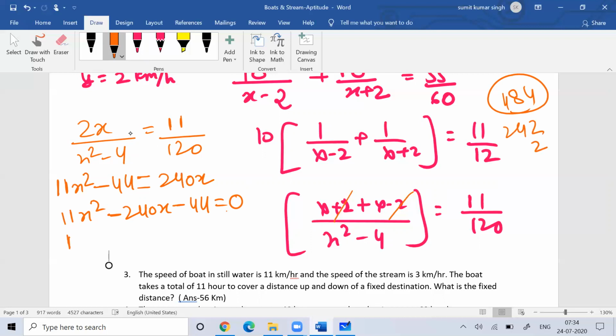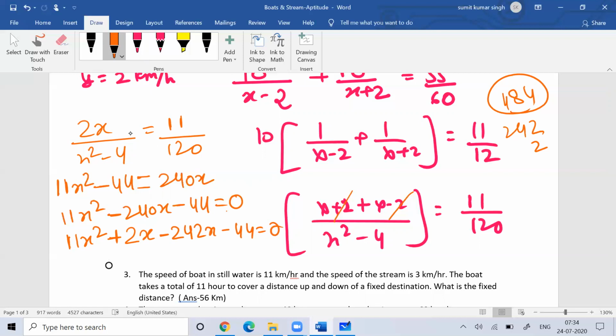So I can write this as 11x square minus 2x plus 242x minus 44 is equal to 0.